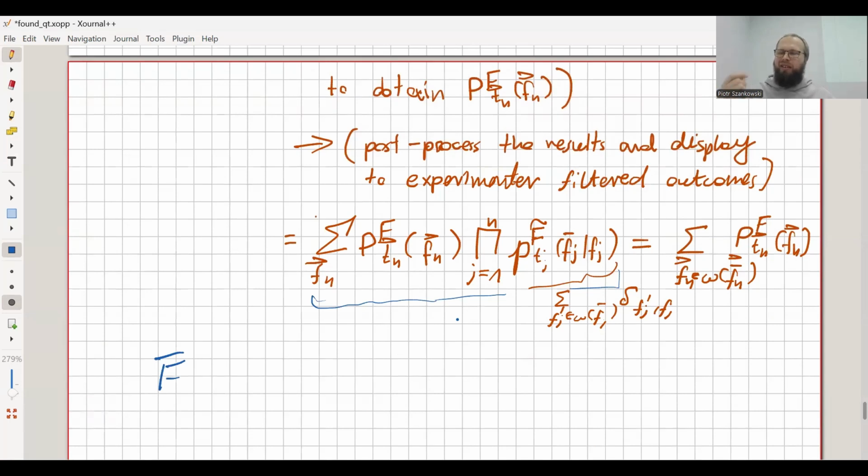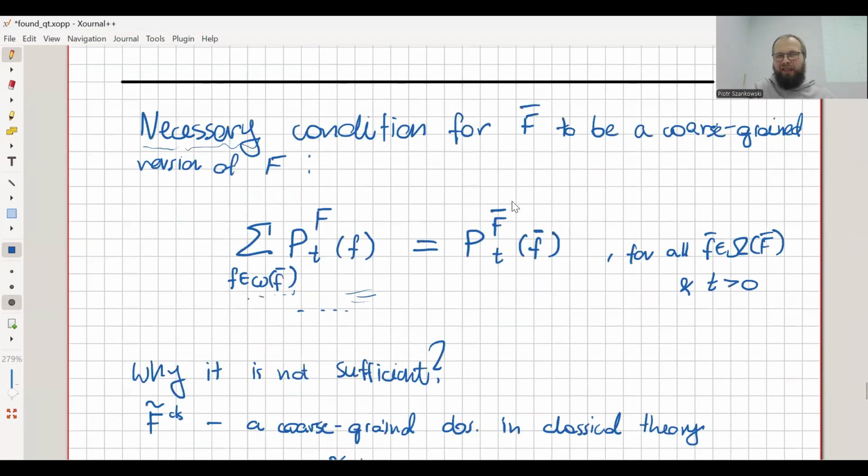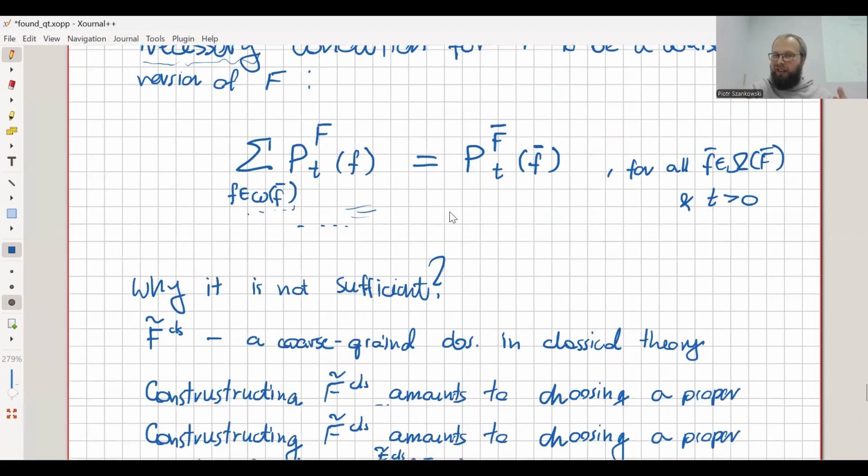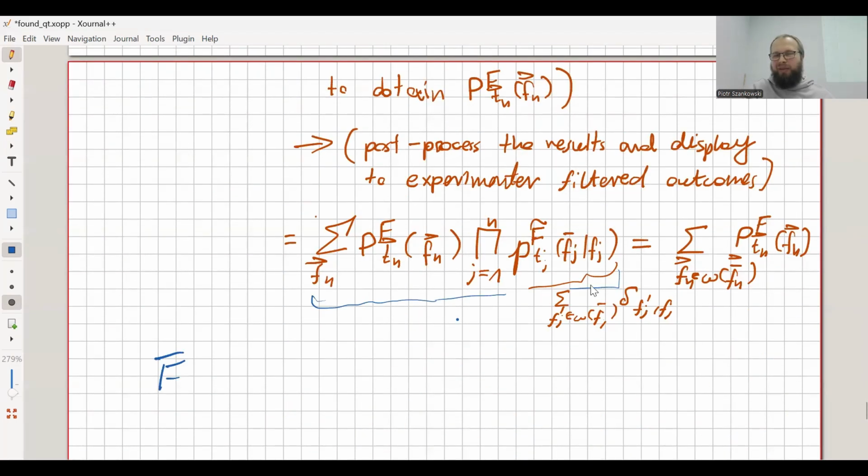But in inconsistent theories, like this theory we are investigating right now with quantum mechanics, you are not constrained by this. So we want a coarse-grained device that, on the one hand, satisfies this condition, but on the other hand, cannot be described with a probability distribution of this form. In principle, it is not forbidden to create such a device. Because we are not constrained by the trajectory picture, this option starts to exist.